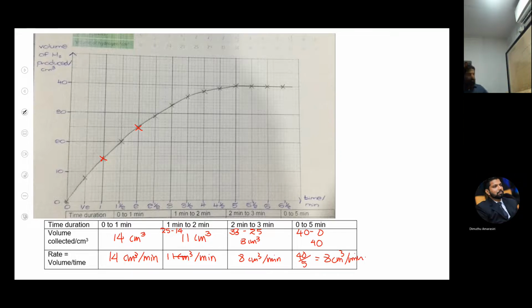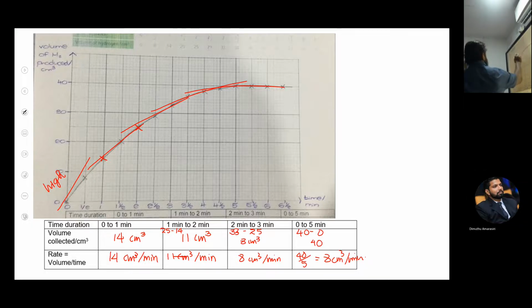It was varying, right? Remember, at the beginning the rate is very high, and then the rate is getting less. What I drew here are the tangents. Tangents show rate, gradient. Gradient is a rate, right? How fast the volume changes. Is that clear?